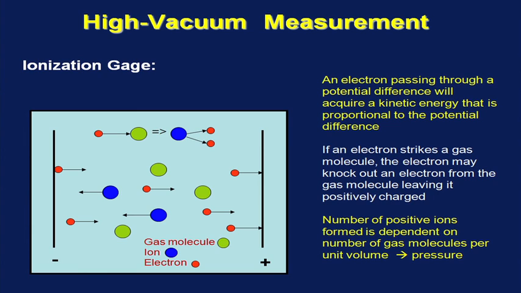Now, if an electron strikes a gas molecule and the kinetic energy that it has acquired is large enough, the electron may knock out a secondary electron from the gas molecule, leaving it positively charged.